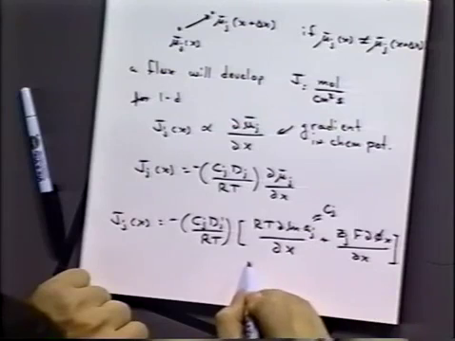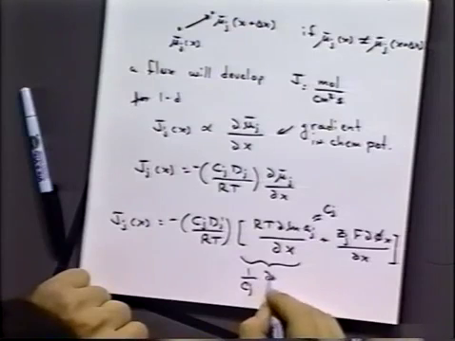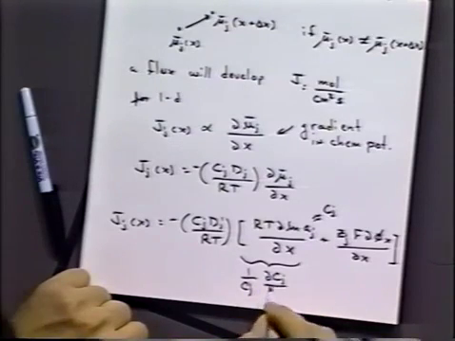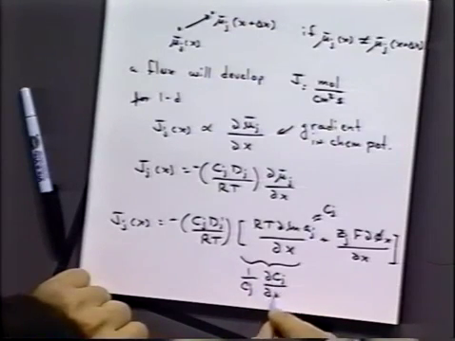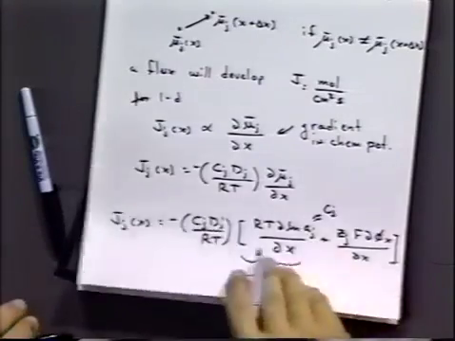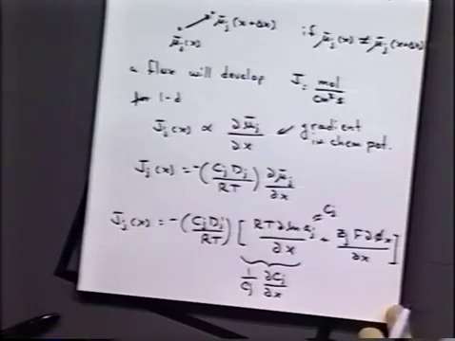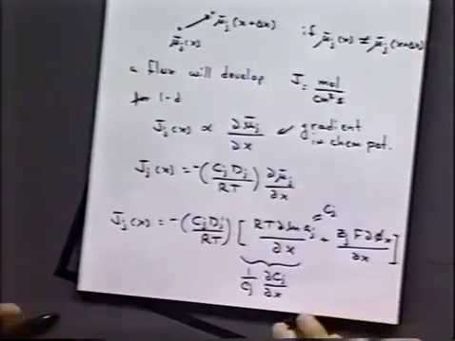And so we can rewrite this one to be a little more convenient. Now, that equation is a term for migration and diffusion. Let's add in our convection term.